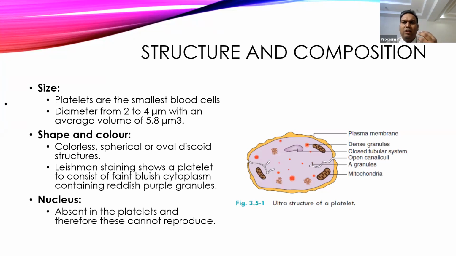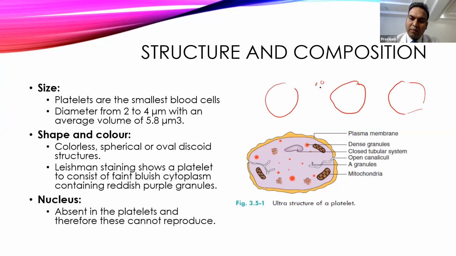You will see, on a Leishman-stained peripheral smear, groups of small cells, clumps everywhere. You will see RBCs like this, and in between the groups of RBCs you will see small clumps of platelets in the Leishman's stain.